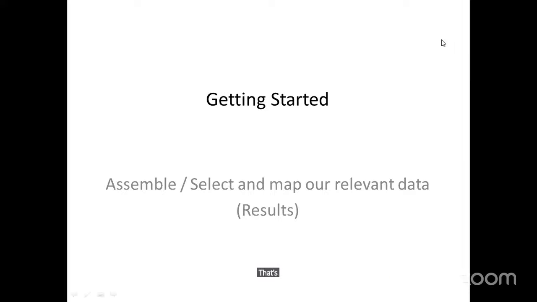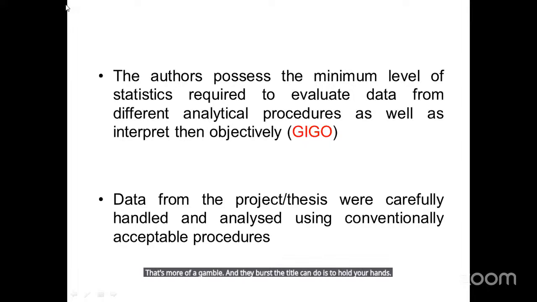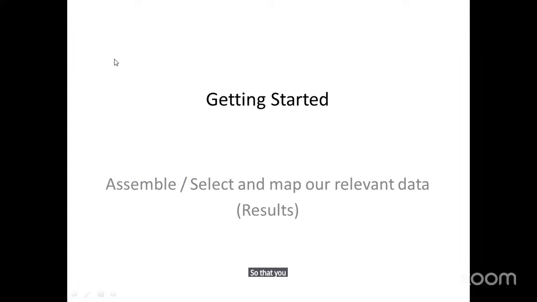That's more of a gamble. And the best the title can do is to hold your hands so that you write about it, and take away the flexibility of knowledge creation. Otherwise, it's good to create the content and then give it a name.